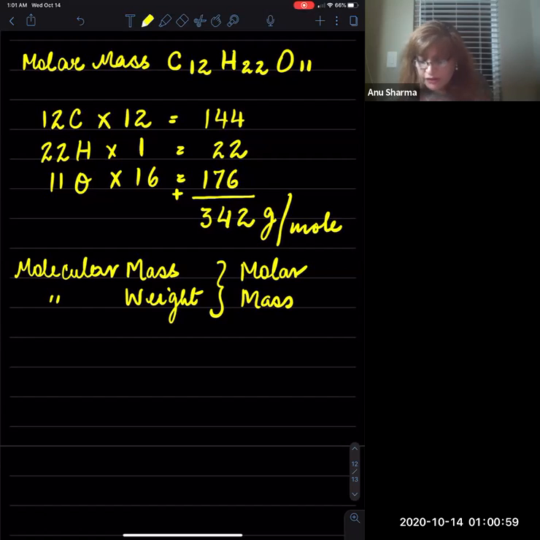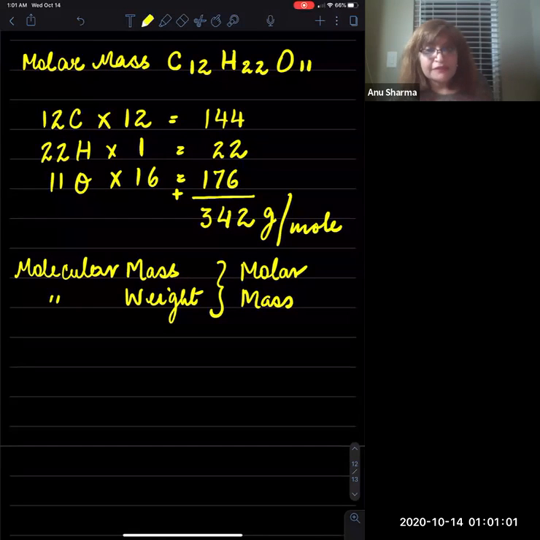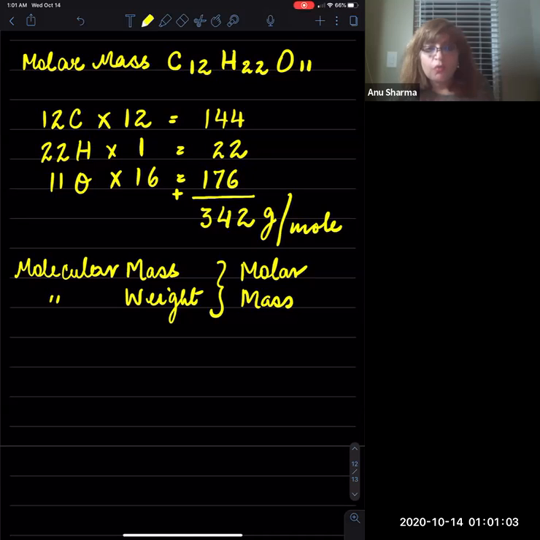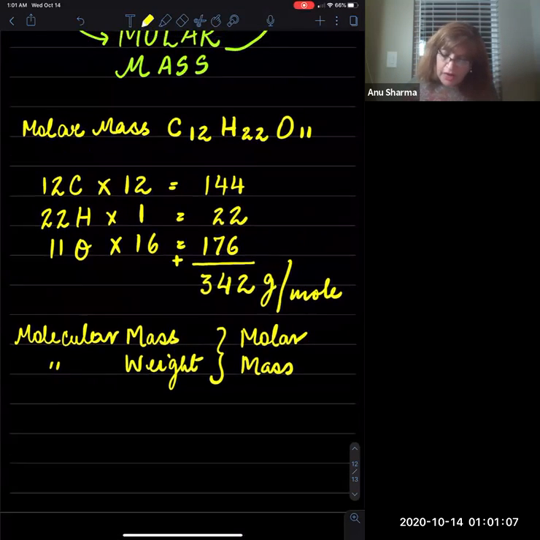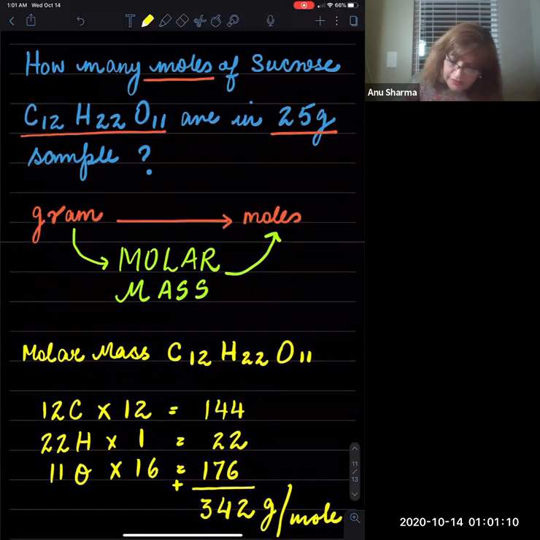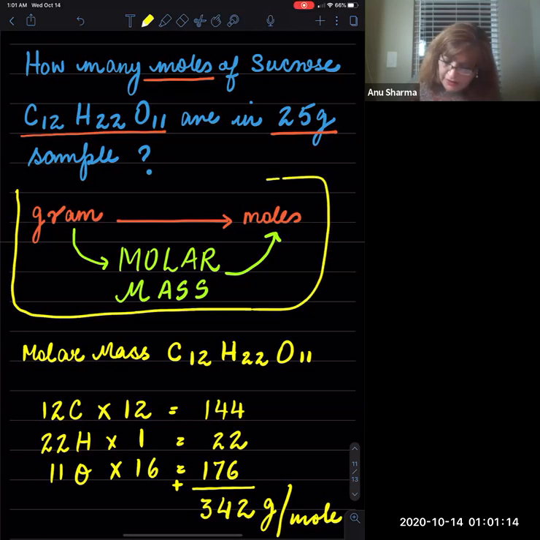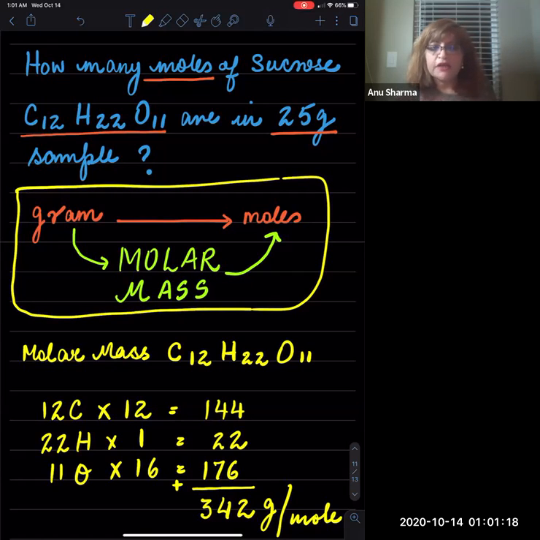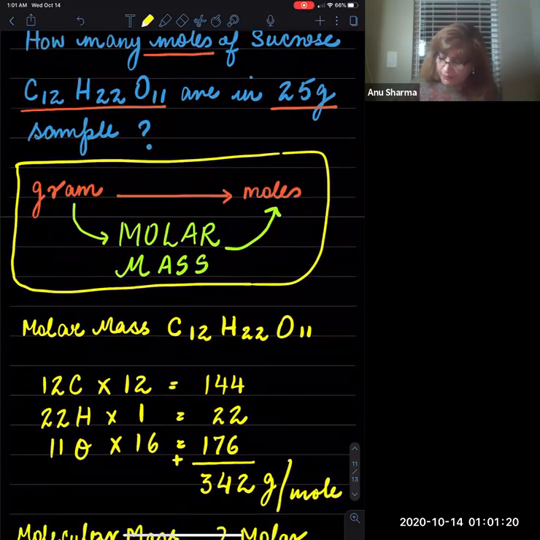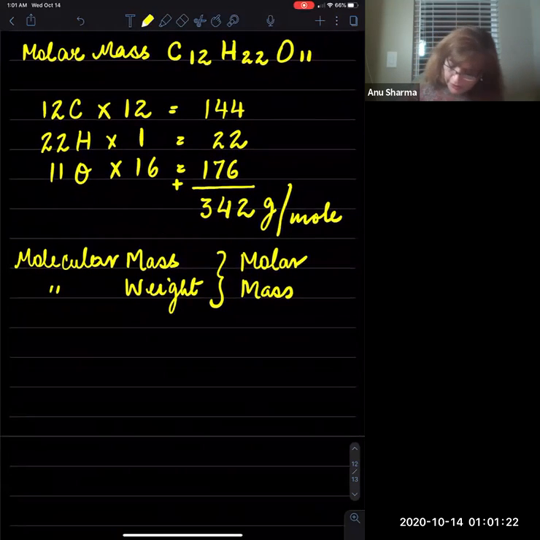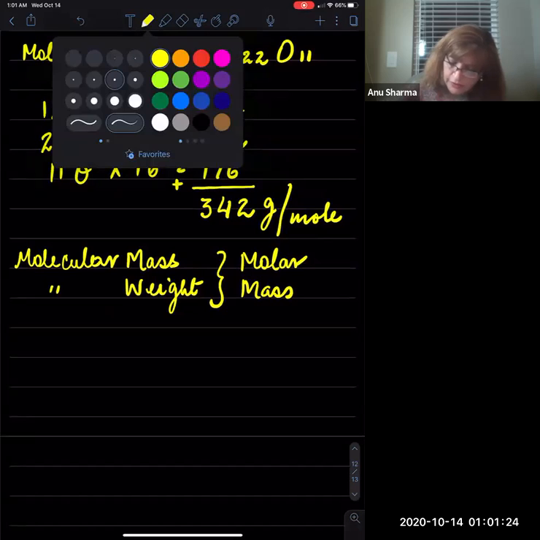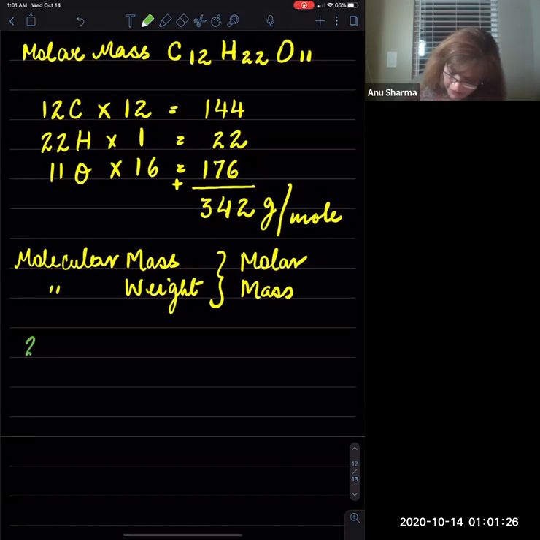So in other words, 342 grams is the weight of 1 mole of sucrose. Now we are just going to follow this roadmap, which is converting grams to moles using the molar mass. We are given a 25 gram sample of sucrose, so write down 25 grams of C12H22O11.